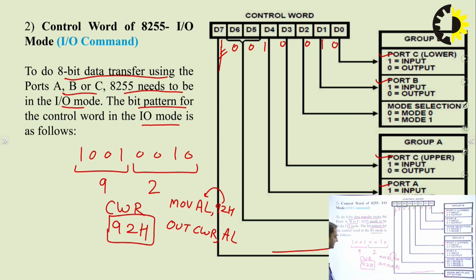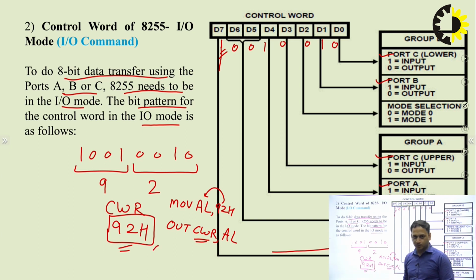So this is a representation of how we can store the CWR as 92. I think this point is clear. So we have to think ourselves, by the condition, which port is being used and in which mode. Based on that, the control word register must be this one.